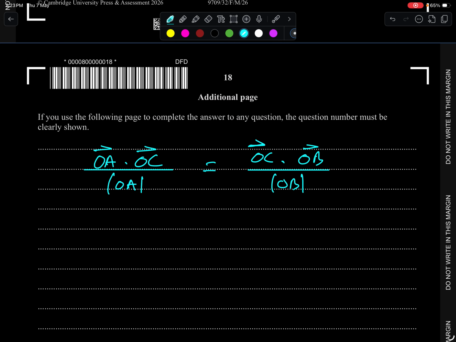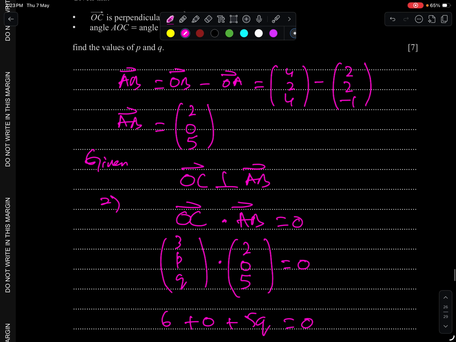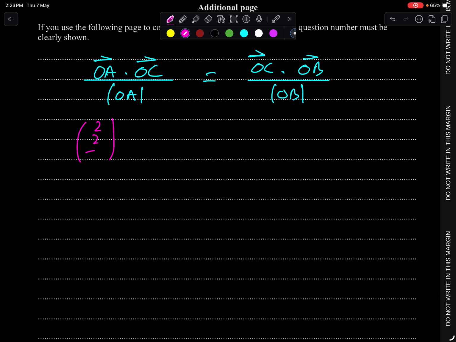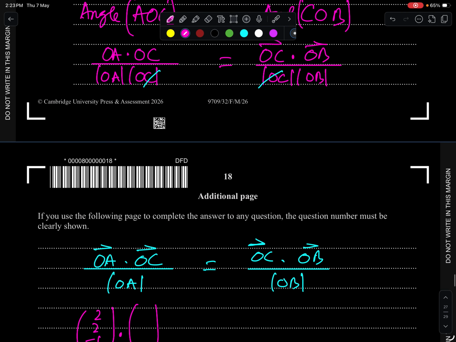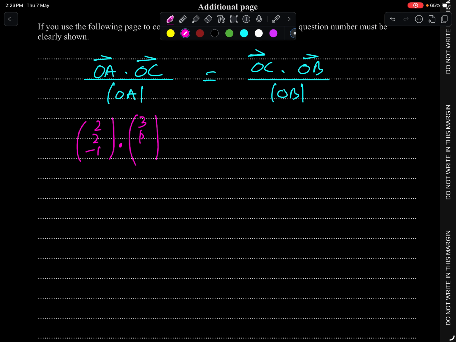Now write vector OA. OA is 2, 2, minus 1. OC is 3, P and Q, we have Q as minus 6 upon 5. So 3, P, minus 6 upon 5. The magnitude of OA is 3. All right.